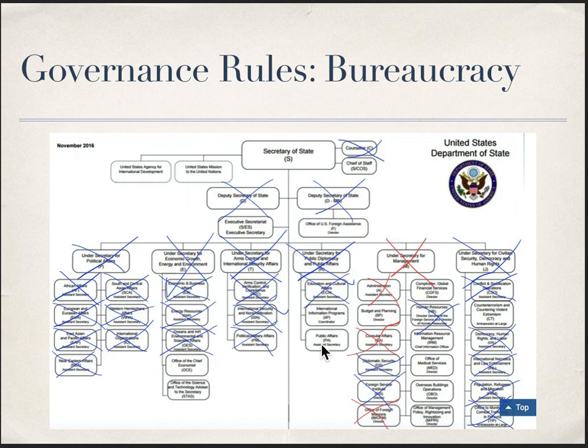But the C-suite bureaucracy of the U.S. Department of State was mostly empty. The red were people who he held on to, or were people who he saw as Obama-era holdovers and fired them. And the blue are people who have since left, quit or retired, and have not been replaced.